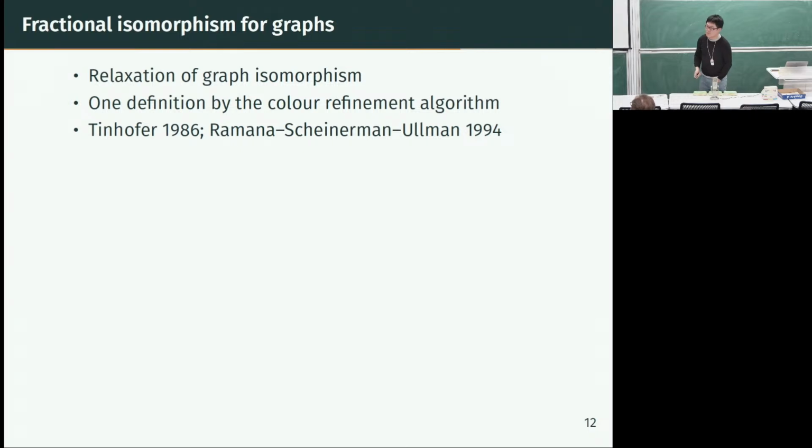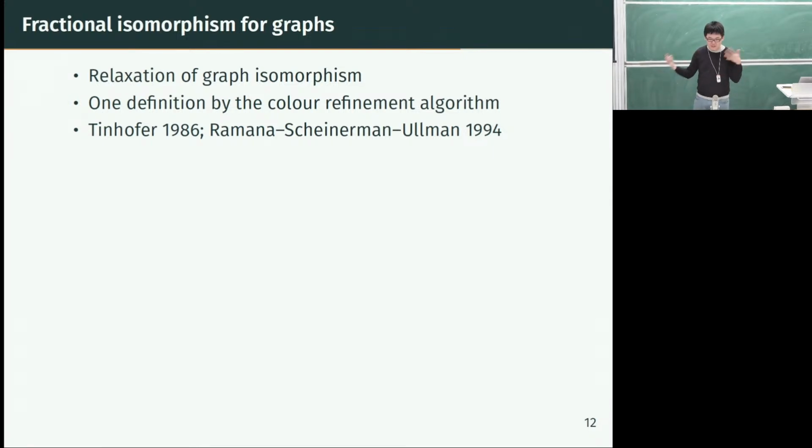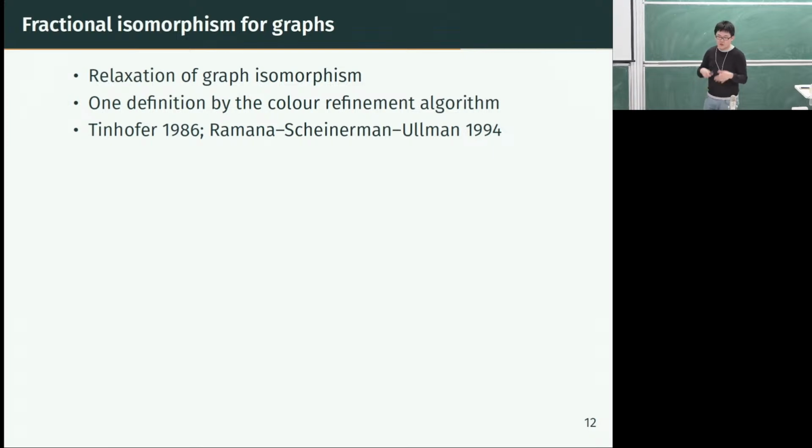Right, so now I will try to give you a sense of what this property of fractional isomorphism is. But to do this, I will start off by talking about what this is for graphs, and then say a little bit at the end about how this transfers over to these graphons or kernels. Right.